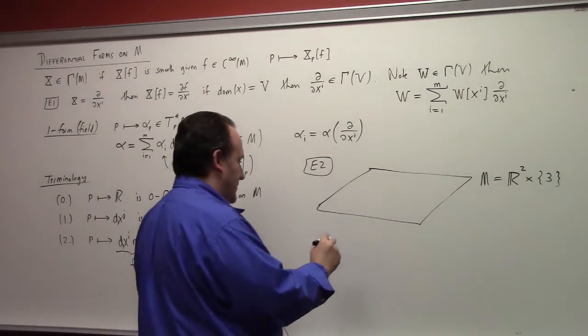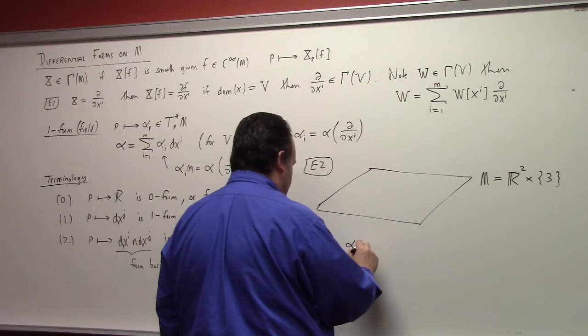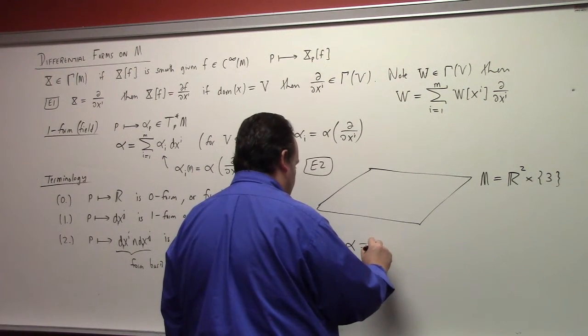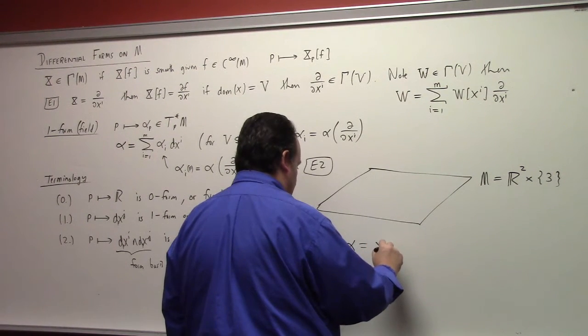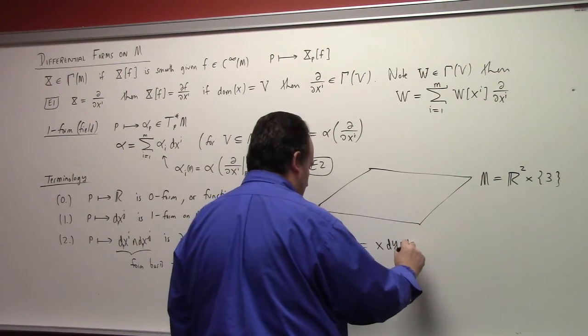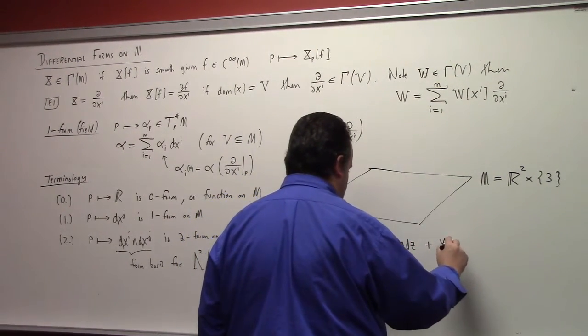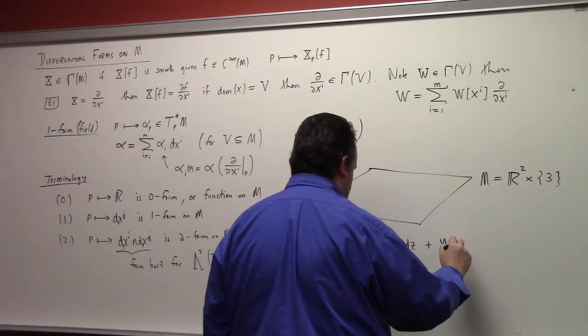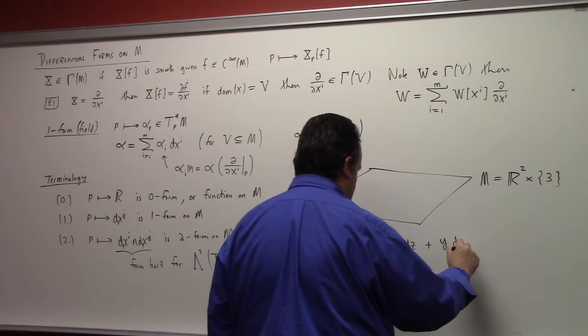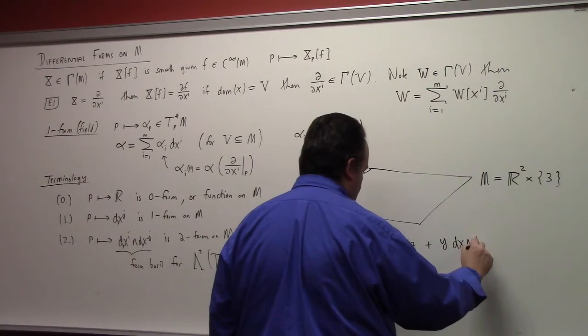And I could look at the two form, alpha equal to x dy wedge dz plus y dx wedge dy, maybe, I don't know.